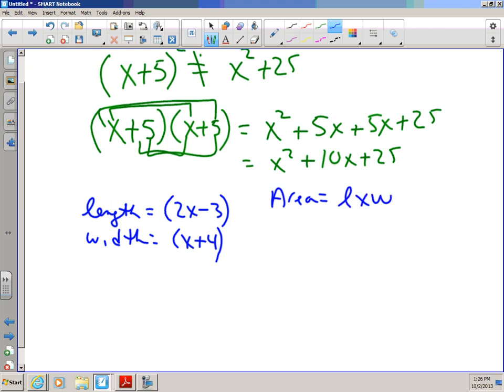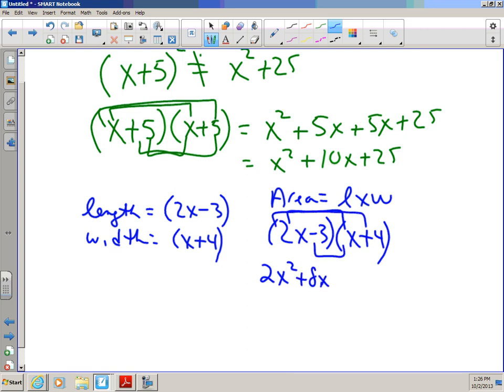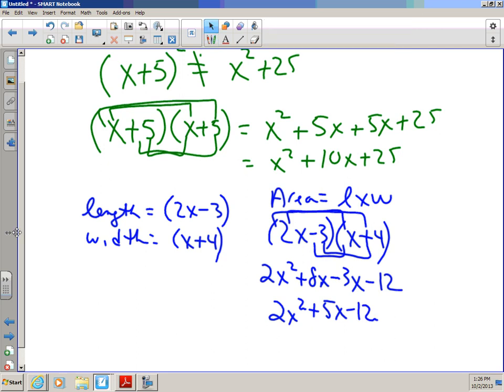So all they're asking you to do is to multiply these two binomials. 2x squared plus 8x minus 3x and minus 12. Combine your like terms, 2x squared plus 5x minus 12, and you now have a simplified representation for the area of this rectangle.